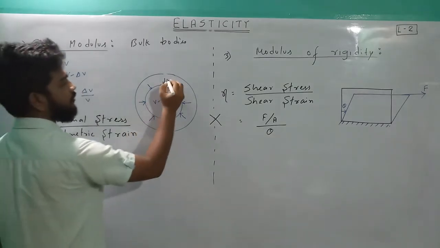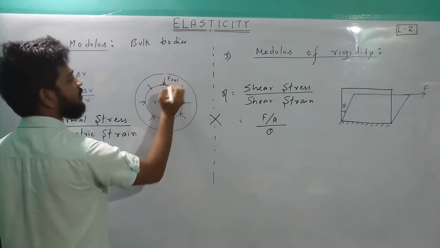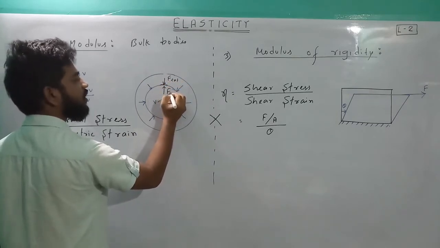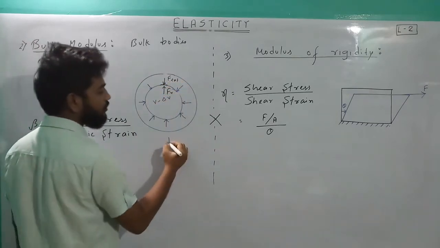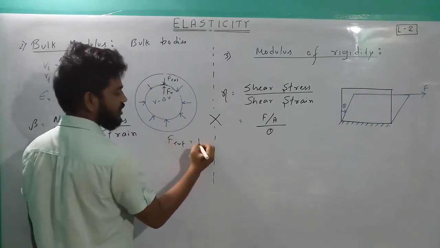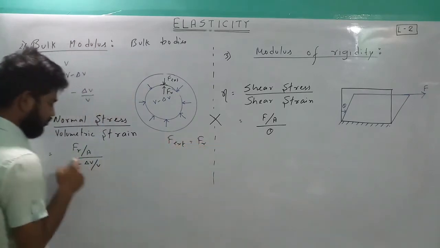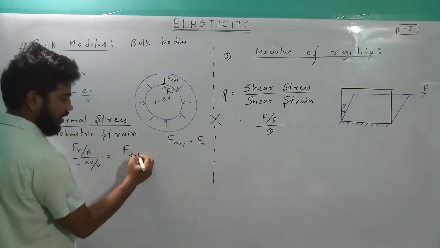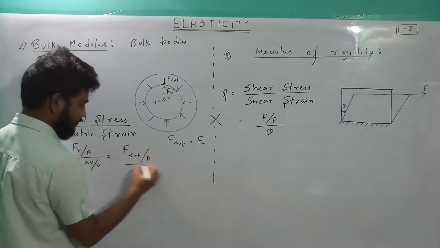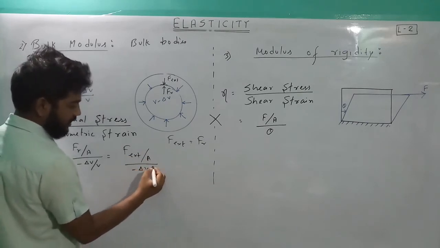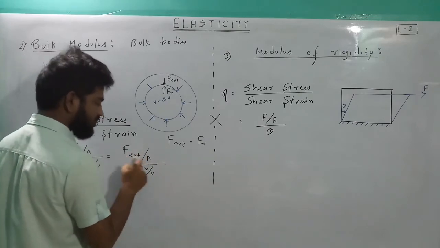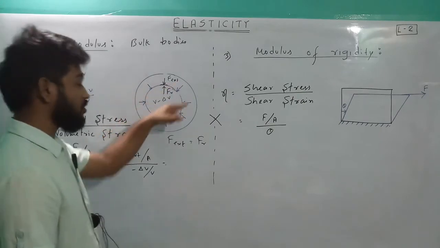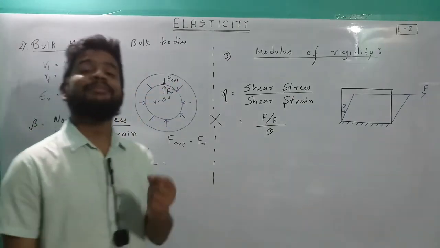Now, it's important to understand that normal stress is restoring force per unit area. Here, external force is being applied, and this is the restoring force. And we know in equilibrium, F external is equal to F restoring. So in case of F restoring, we can simply write F external per unit area by minus delta V by V. Now, what is external force per unit area? External force divided by total area is the pressure.